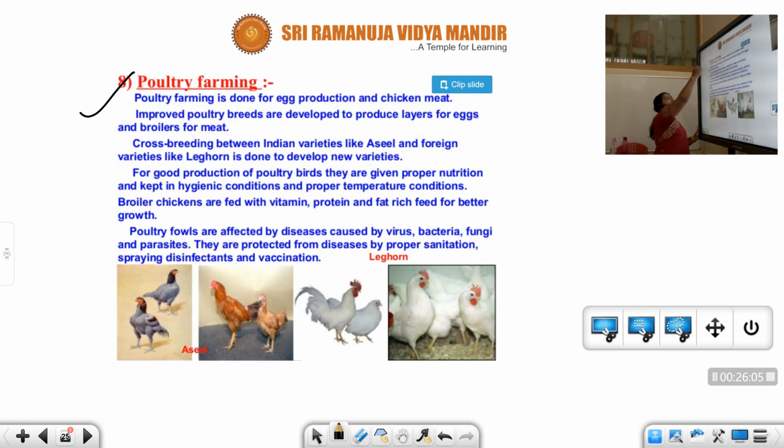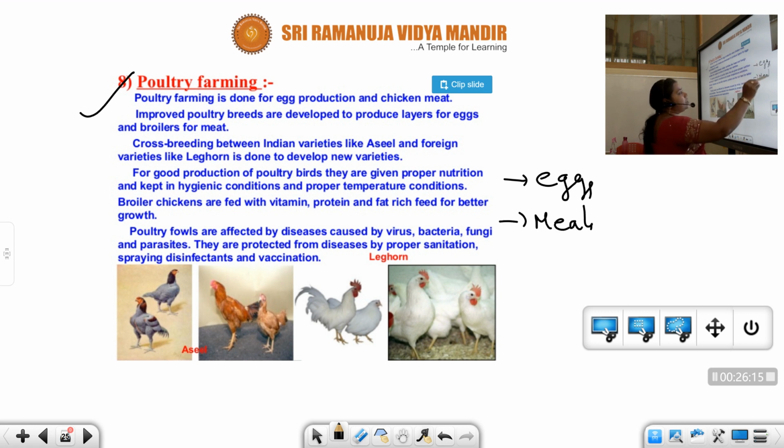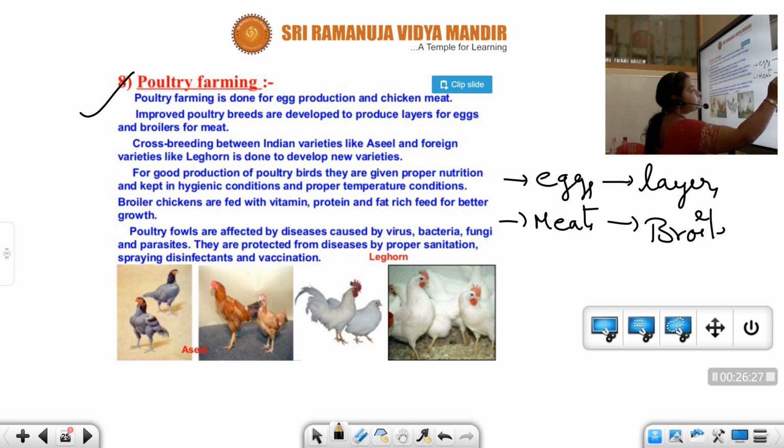Next, poultry farming. Poultry farming is mainly done for eggs as well as meat. The birds grown for egg production are known as layers, and the birds grown for meat production are known as broilers, right?